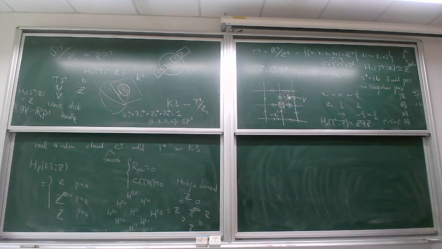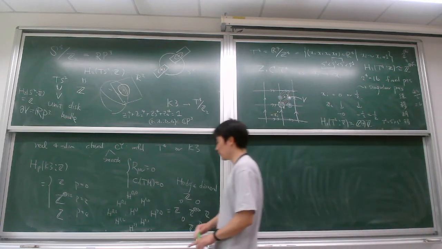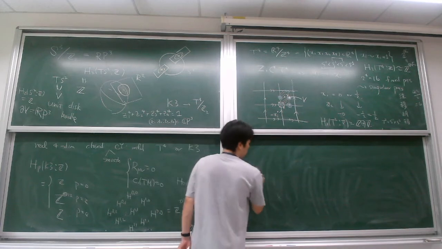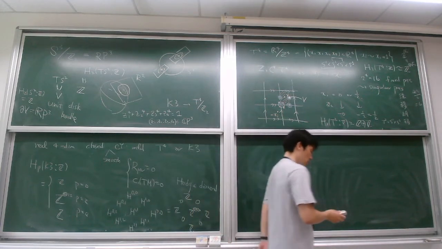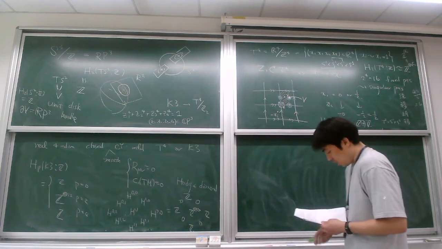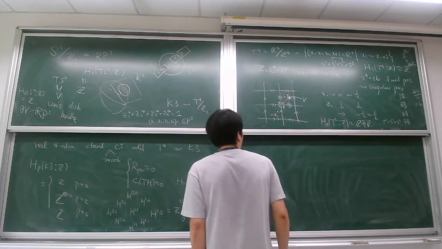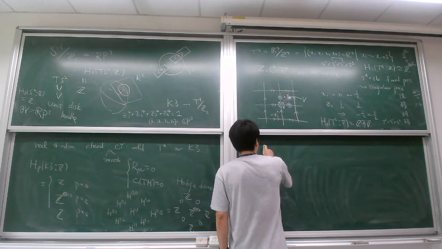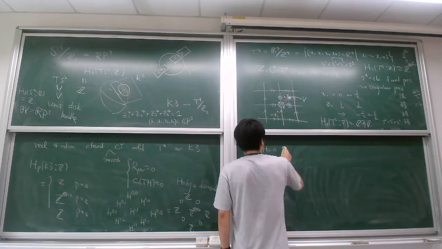So what you learn in a differential geometry course is very important. In string theory, you have to be fluent in differential geometry. And now, you have an intersection form in H2. So you have the homology group, and you have a cup product you can take.